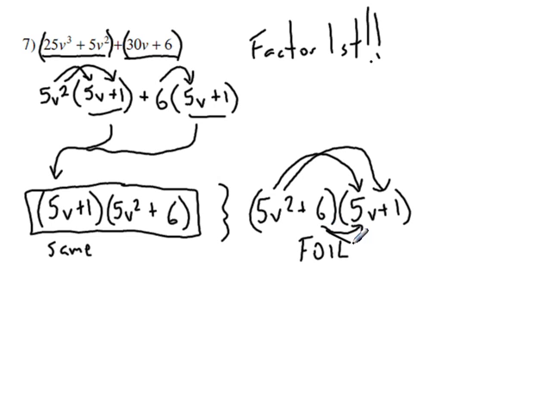And you would do 6 times 1, which is this step. If you did each of those separately, 5v squared times 5v would give you 25v cubed. 5v squared times 1 gives you 5v squared. 6 times 5v gives you 30v. And 6 times 1 gives you 6.